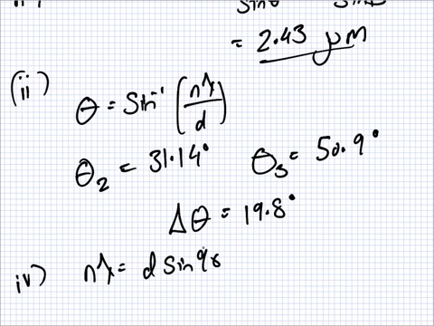So n is d sine 90 over lambda, right? Yes. d divided by the wavelength, which is 628. So sine 90 is 1. Yes. So here the n is 3.87. So what's the maximum n? 4. 3.